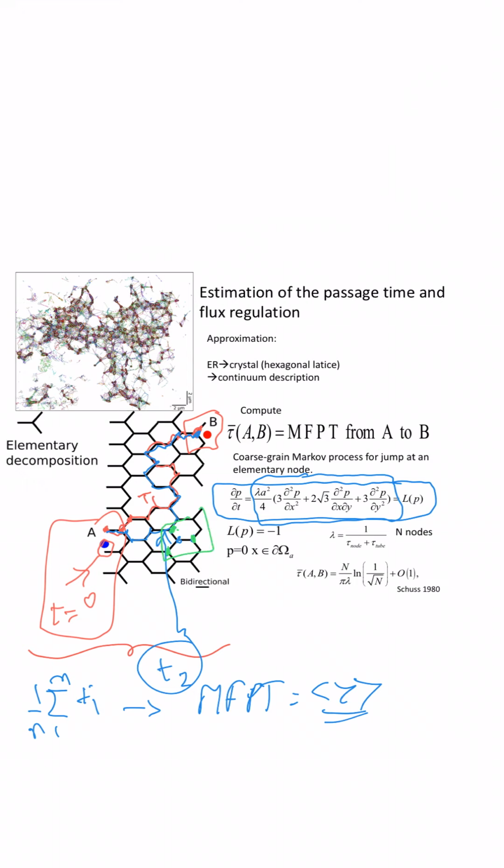And then solving the associated Laplace equation, taking into account that the time in a node can represent the time spent in a tubule plus the time spent in a node. Lambda is the total rate of switching that accounts for the time in the node plus the time in the tubule.